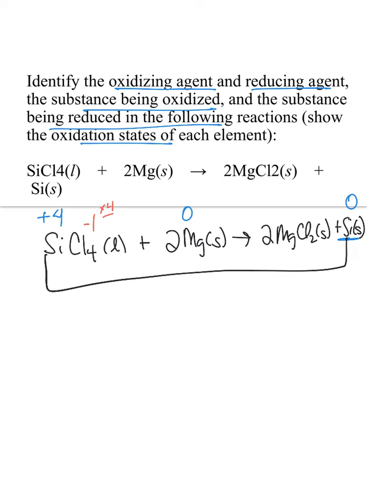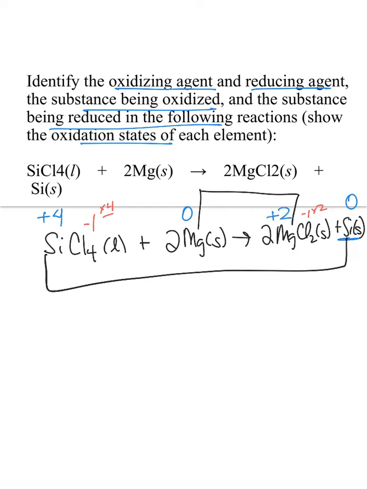Then you can find the other one, magnesium here, and when it's in a compound, since chloride is a -1 and there's 2, that's going to give magnesium a +2.